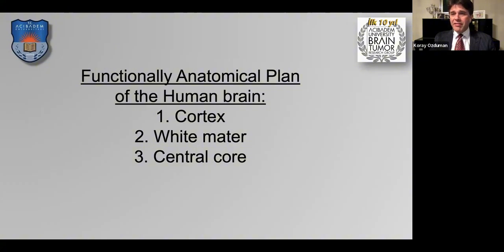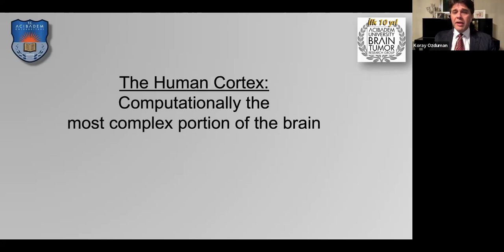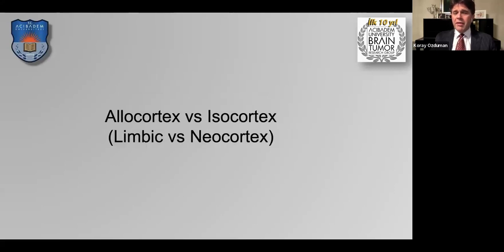But the cortex is, again, like I told you, what makes us human. Therefore, this computational unit was in the focus of humans for a very, very long time. Now we should make a differentiation between two parts of the cortex. Today, we differentiate between allocortex and isocortex.